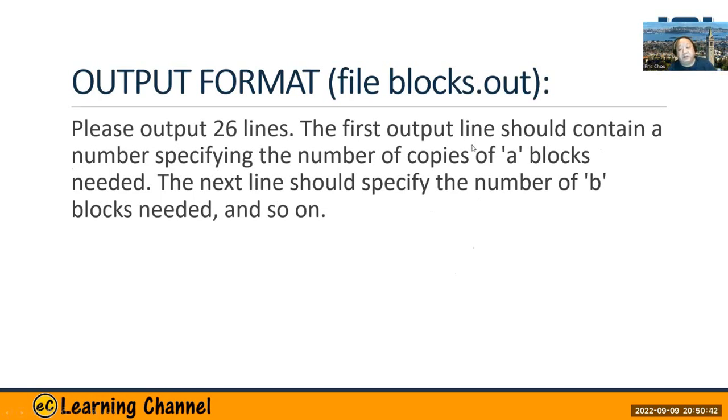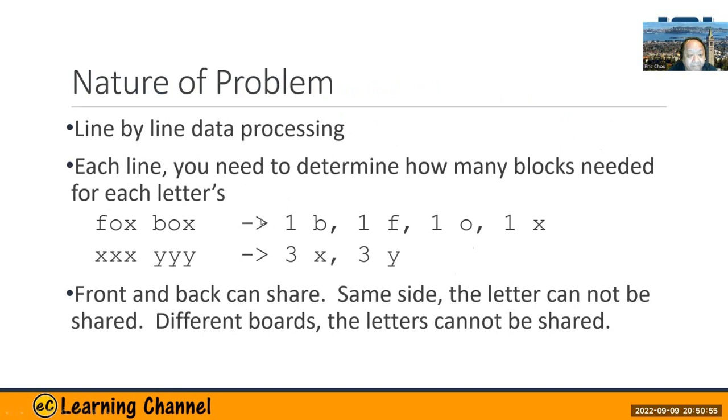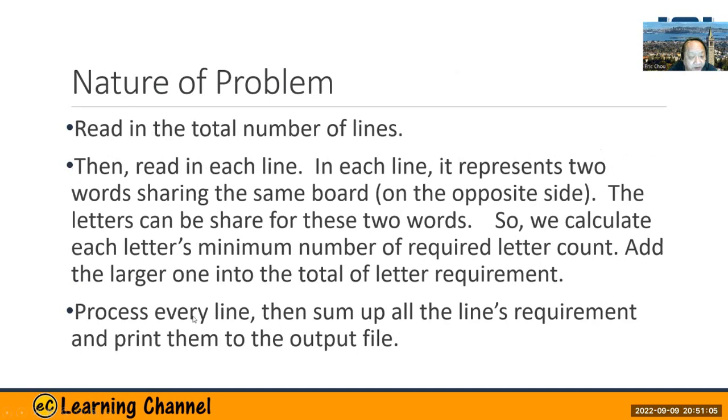The first output should be the number of copies of the A block, so how many A is needed, and then how many B is needed. So first line you get this, second line you get this, and then process every line, sum up all the lines' requirements and print them to the output.